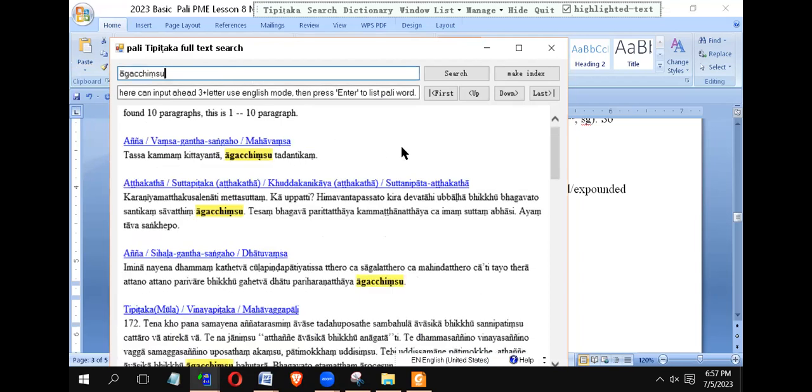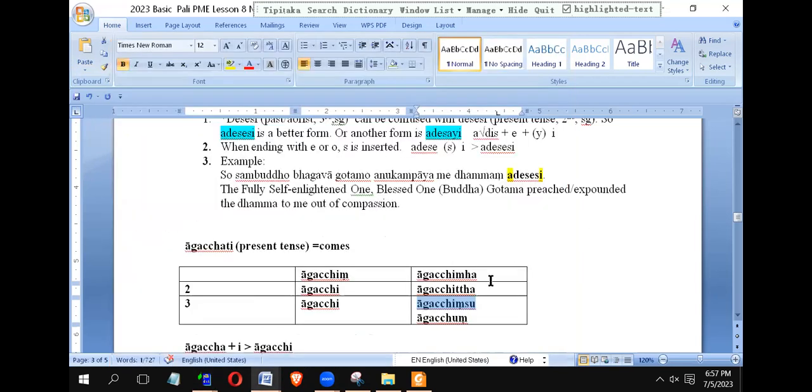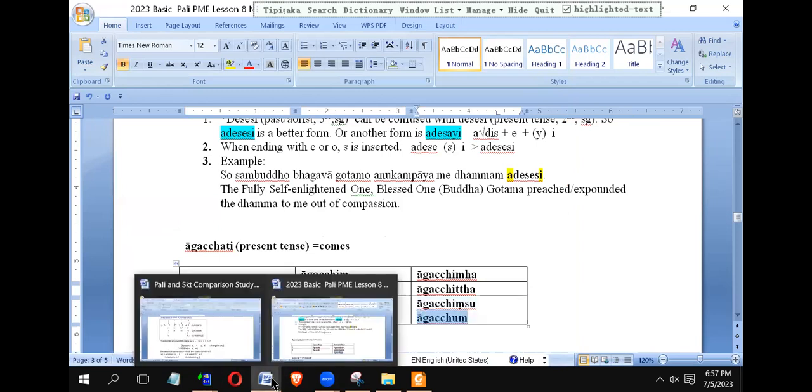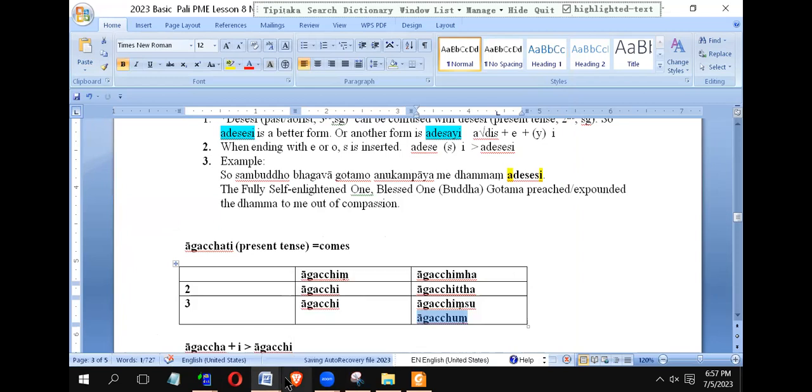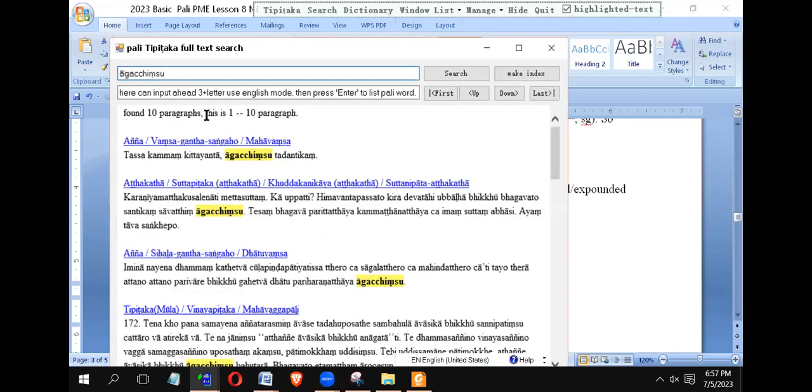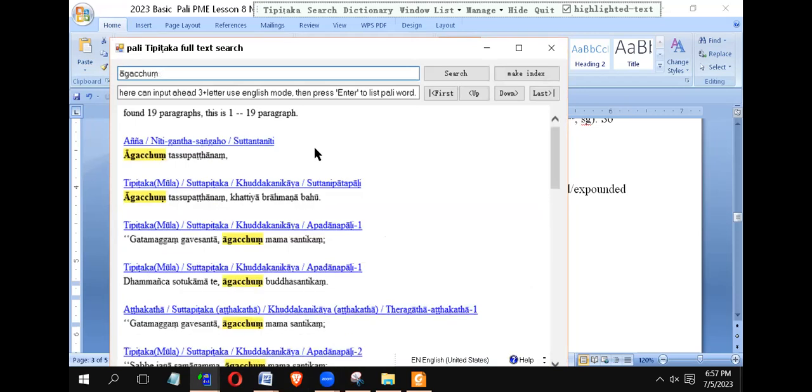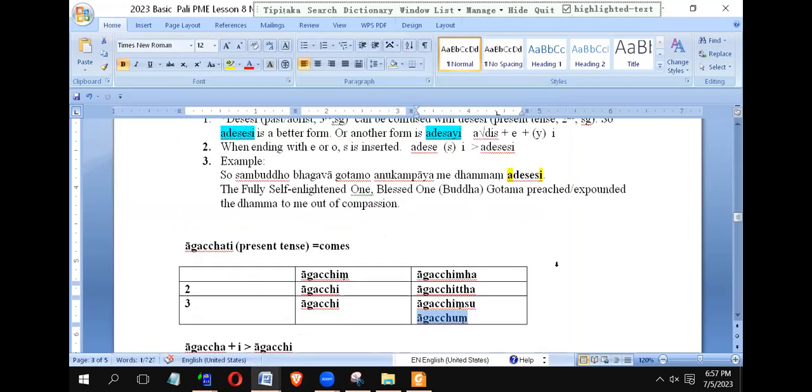Okay, so we got agachimsu. How about agachum? That's why I say that all this shown here is just a kind of possibility, something that might happen. Not all will really happen. Yes, you have this one. So these are okay, this is okay here, and this is also okay here.